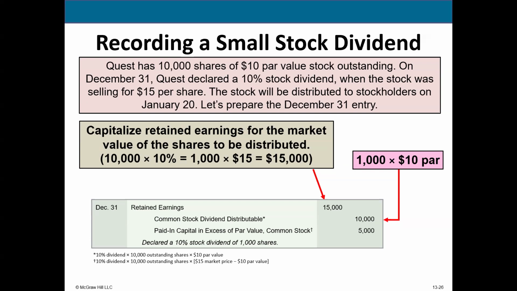So we debit retained earnings $15,000. We credit common stock dividend distributable, or payable, $10,000, which is the par value. So 1,000 shares at $10 par value. And the remainder is paid in excess of par value, $5,000.